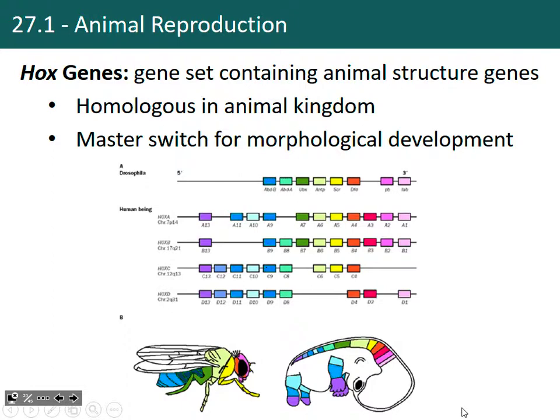And you can also see where those genes act in the development. So anterior to posterior, appendages here has the purple genes, the appendages are green, the green genes, which are part of the spine here. So you can kind of look at that overlap. So this is a place where we have a lot of homology in embryological development across the entirety of all animals.